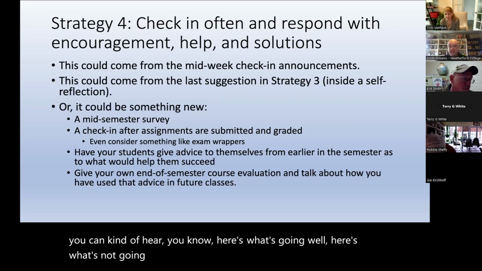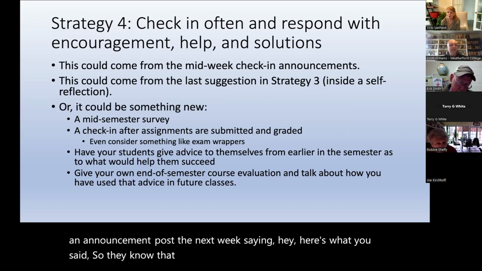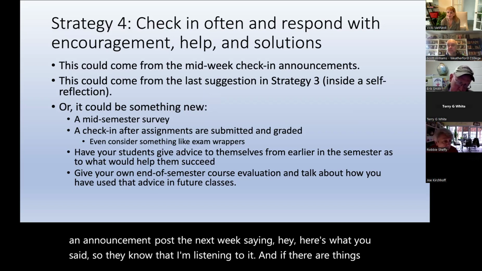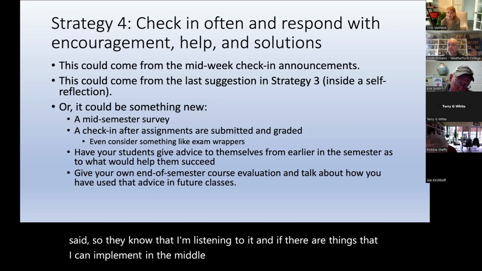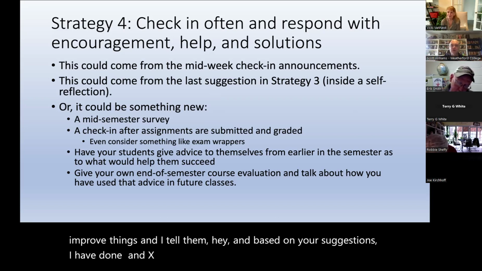When I've done that, I then do an announcement post the next week saying, here's what you said, so they know that I'm listening. And if there are things that I can implement in the middle of the semester that might improve things, I tell them, based on your suggestions, I have done X, X, and X. So they feel like it's part of an ongoing conversation.